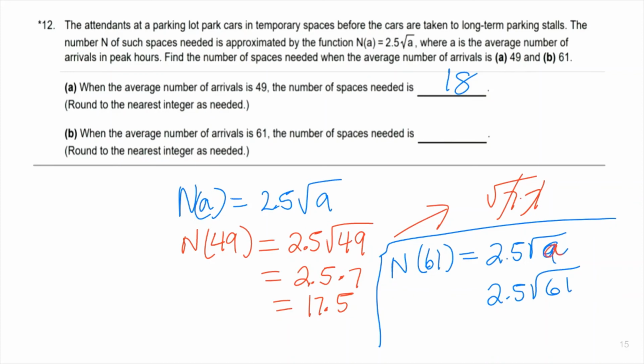So you will use your calculator to find the square root of 61. And that is 7.8. When you multiply that, you get 19.5. And they want the nearest integer, so that would be 20. Any questions on this one?